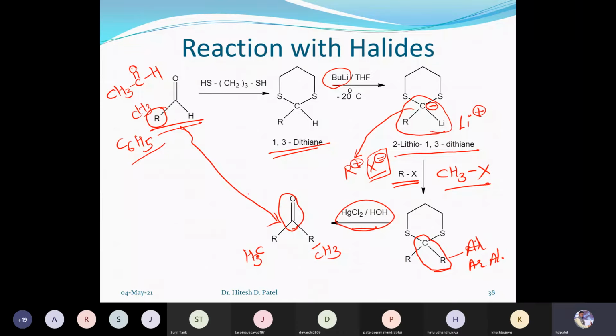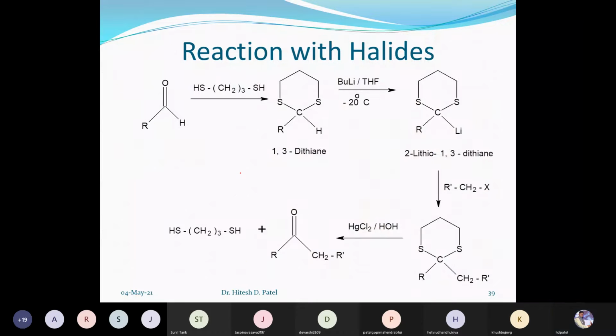These types of conversion we can carry out with the support of this reagent, 1,3-dithiane. Several other examples are also there.